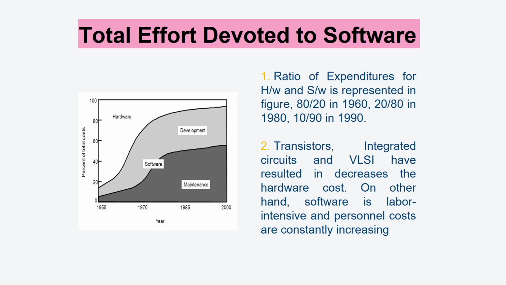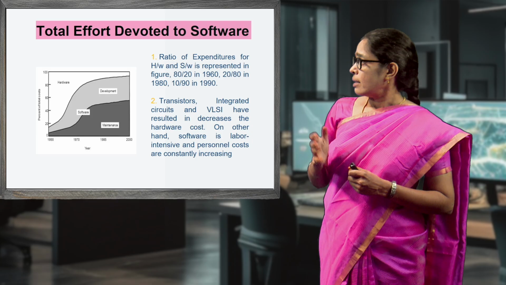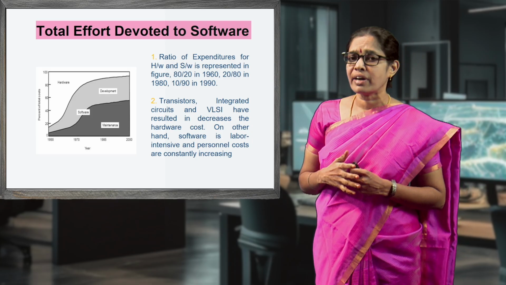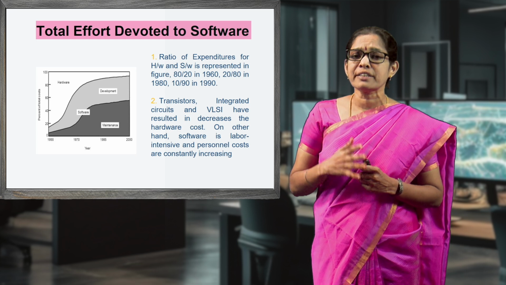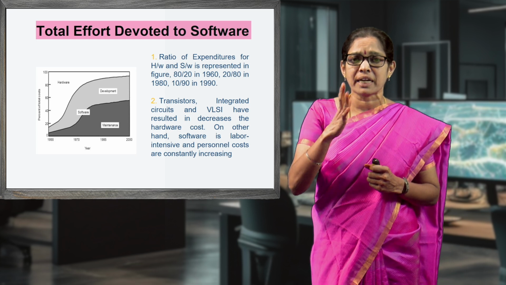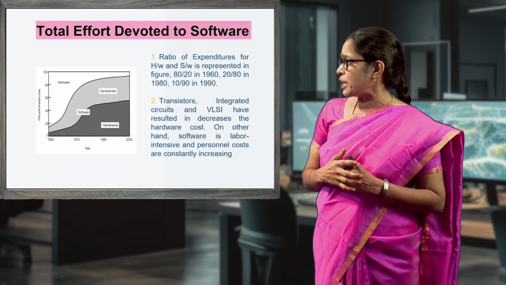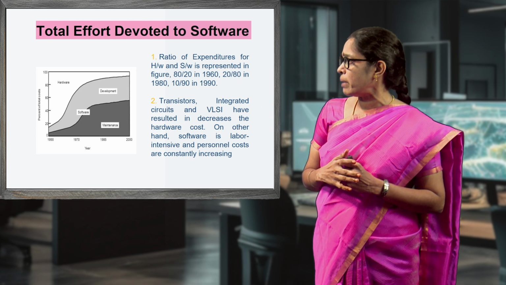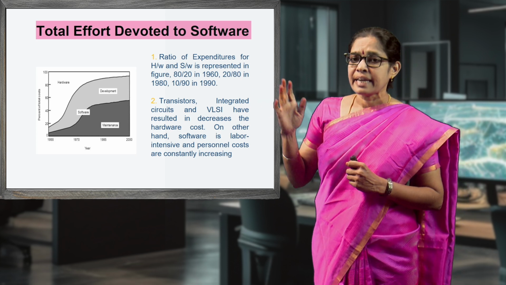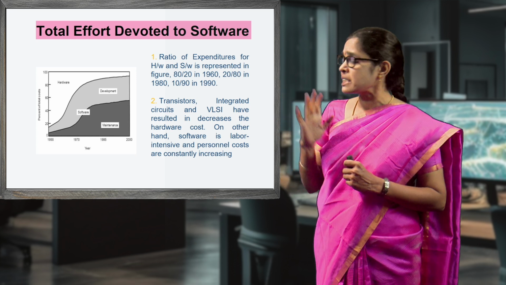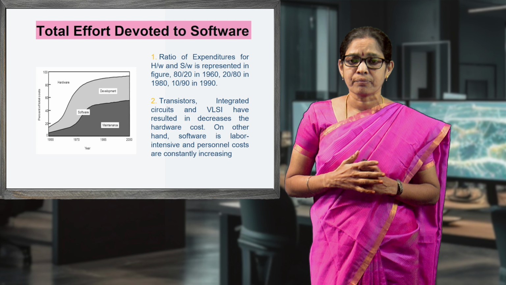Look at this graph that represents the ratio of expenditures for hardware and software spent during software development and maintenance. In 1960, the ratio was 80/20, which means 80% was spent on hardware and 20% on software.